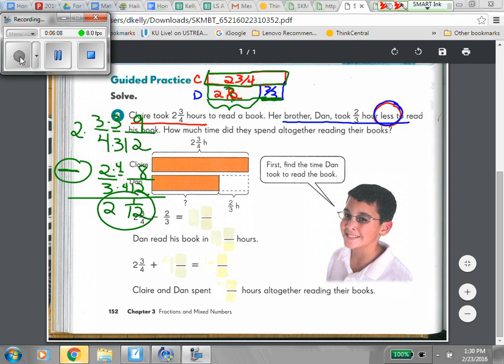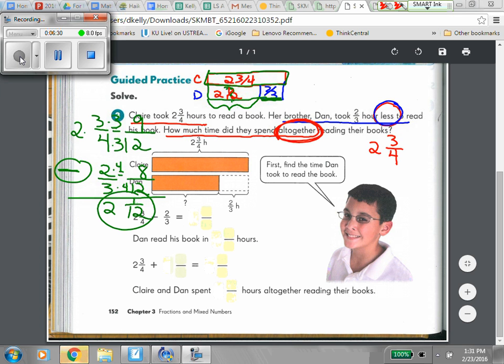So there's my first step. But the final question says, how much time did they spend all together reading their books? So all together means I'm going to add. So I'm going to need to add the 2 3/4 plus the 2 1/12 that Dan read his book. So here's Claire's time, 2 3/4.